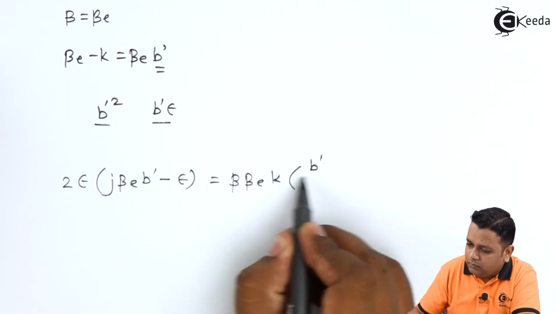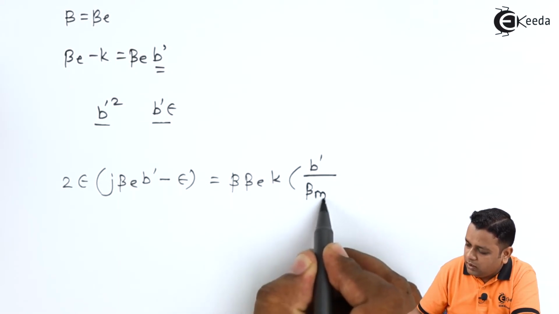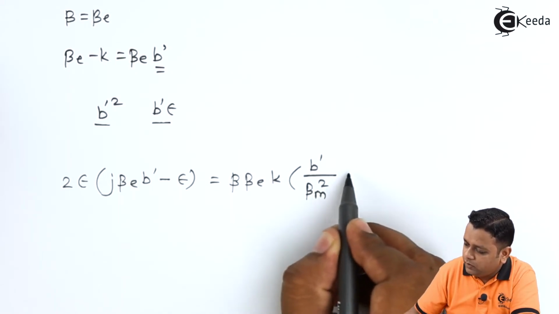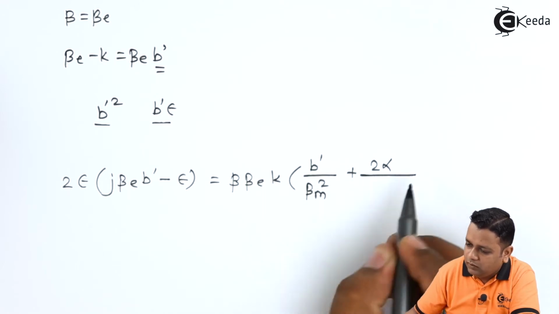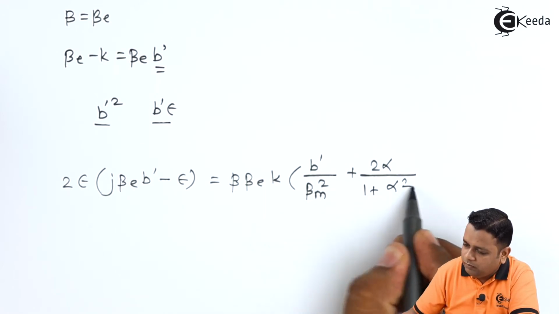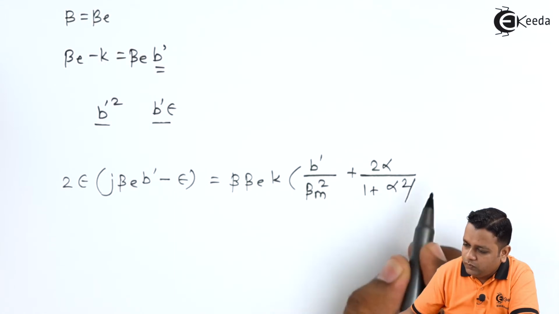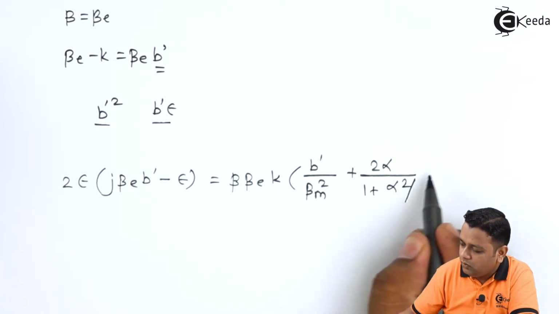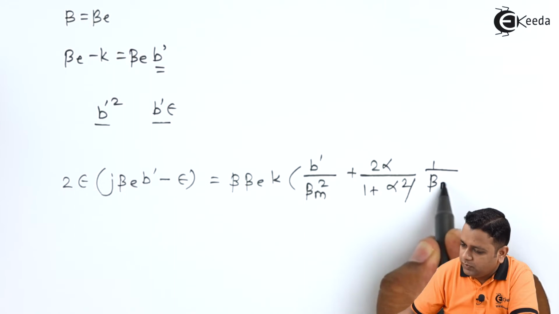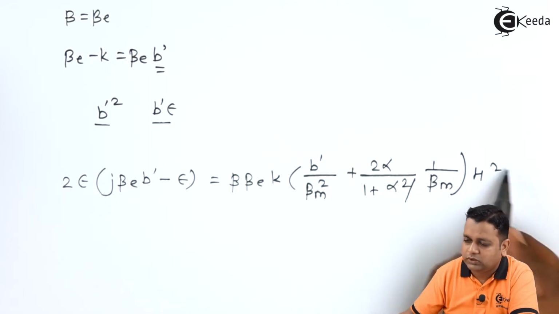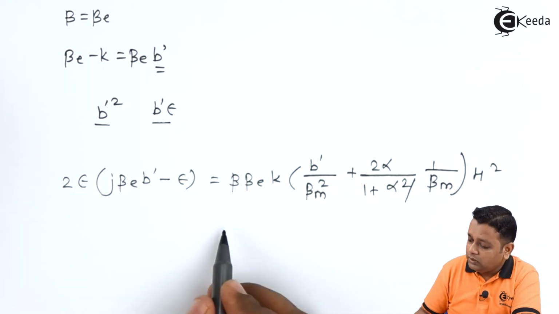Here we have v dash divided by beta m squared plus twice alpha divided by 1 plus alpha squared, and here finally we have 1 upon beta suffix m into h square. We can further simplify it.